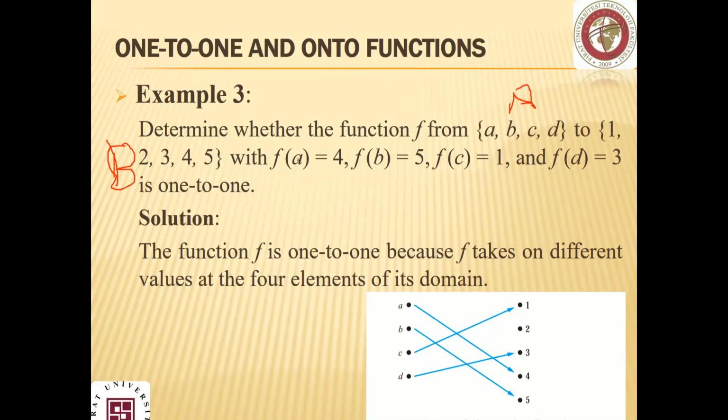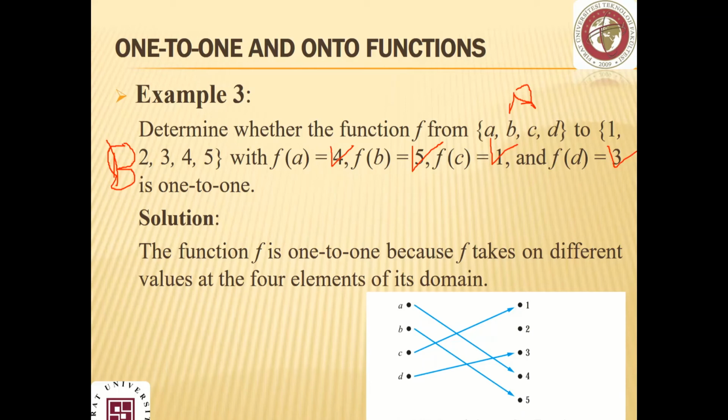f of A, is it taking only one value? Yes, 4, not any other value. How about f of B? Yes, 5. f of C, 1. f of D, 3.